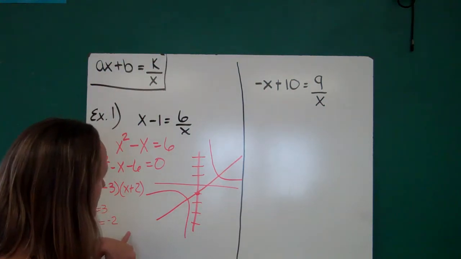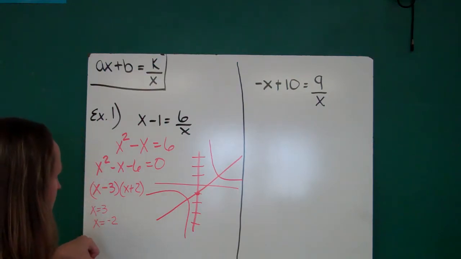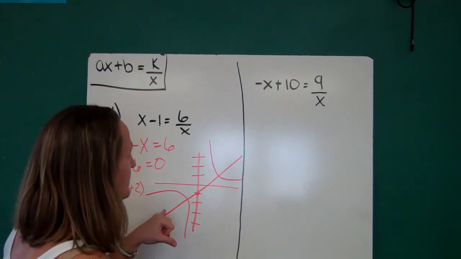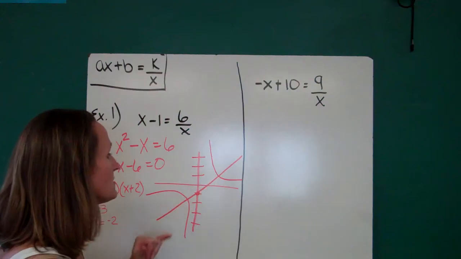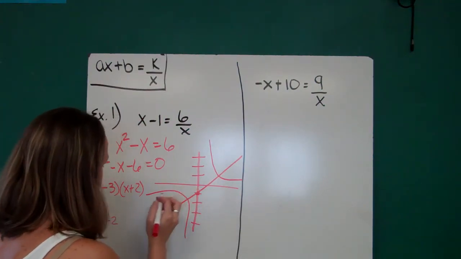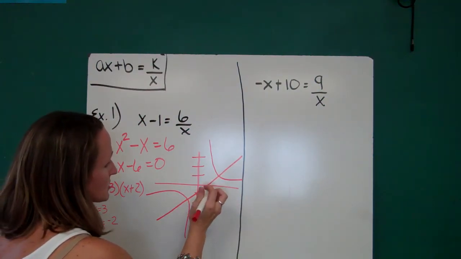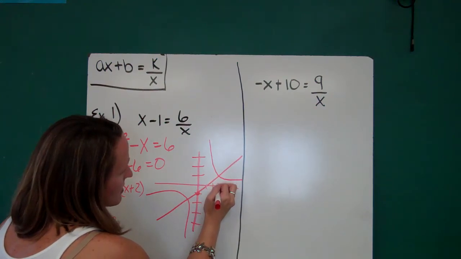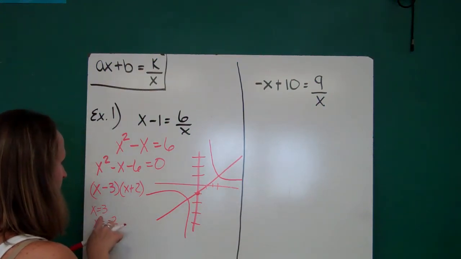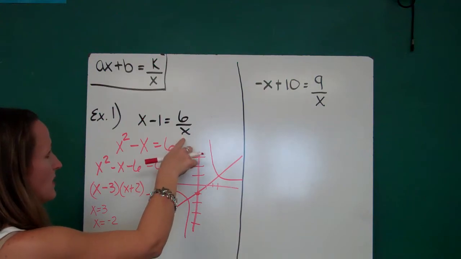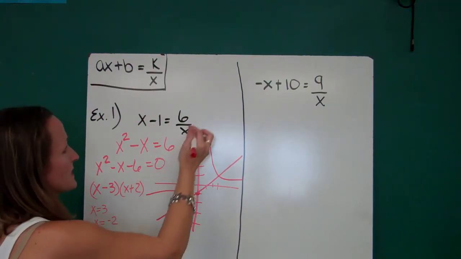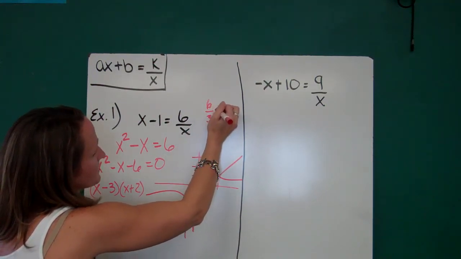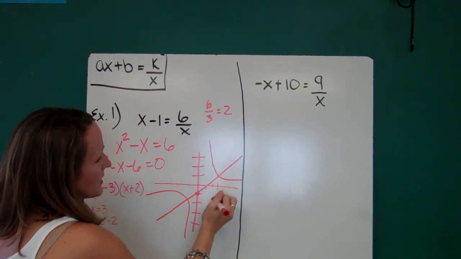So what that tells me is when I go to plug back in to find my y is that these don't cross in the same place. Up here it's going to cross at 3, and I'm going to plug it into this. So if x equals 3, then y equals 2.